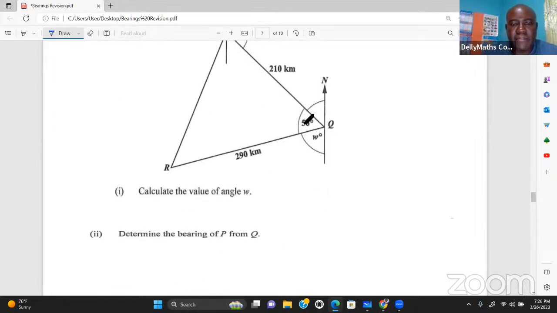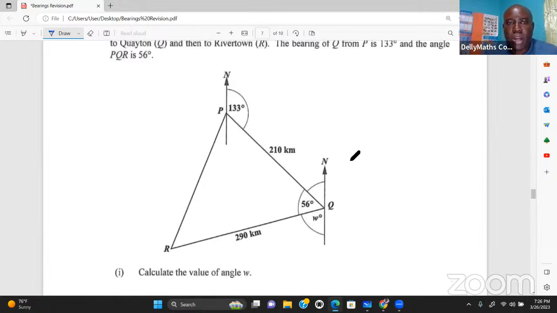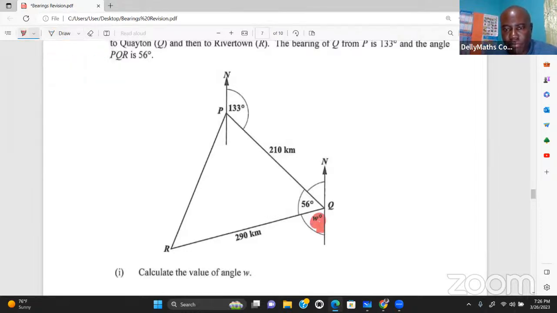First question, calculate the value of angle W. Now, I'm going to need this angle right here. I need this angle right here. But in order to find that angle, I'm definitely going to have to find this angle here.